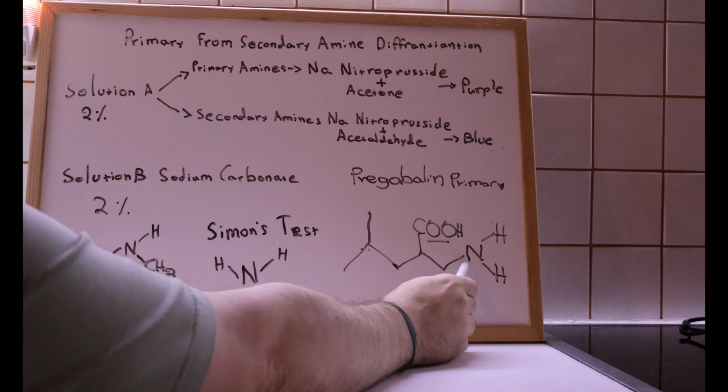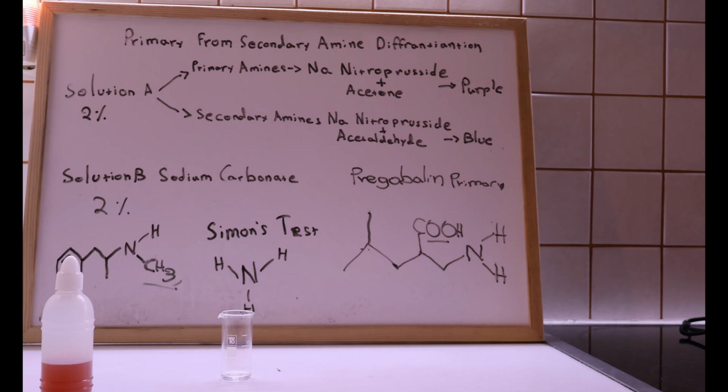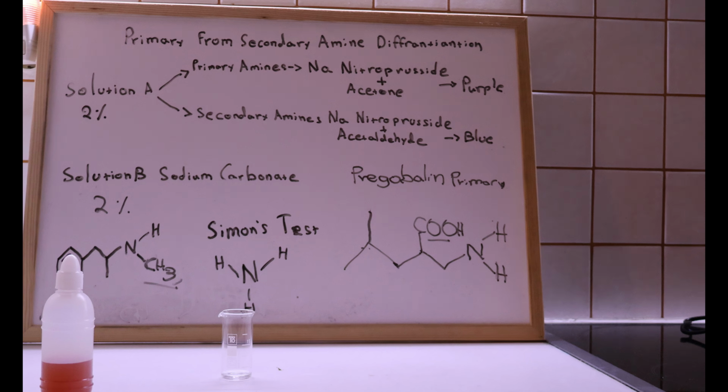And as you can see, the amine is bound only to one carbon, and that's why it's called a primary amine. I would conduct the test with just ammonia, but I thought it would be cooler if we actually used a pharmaceutical drug. And as I said, I don't have any acetaldehyde, because then we could use secondary amines too. But sadly, I do not have any. So we'll proceed with that.